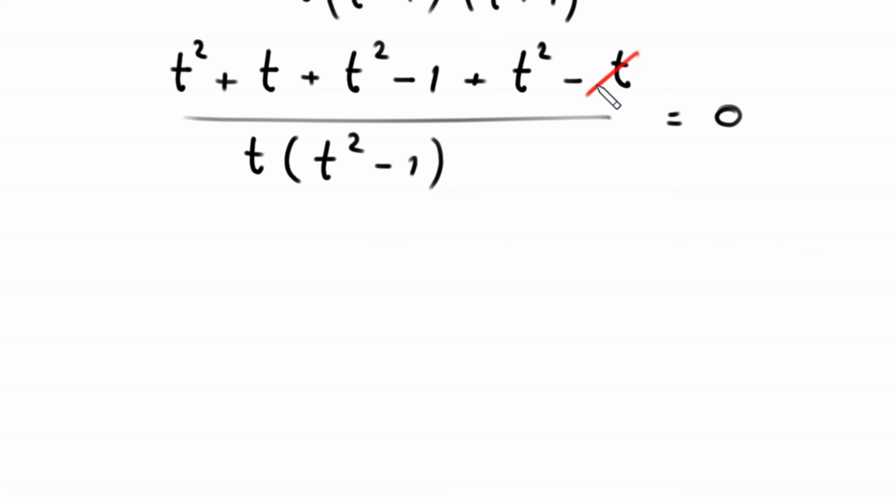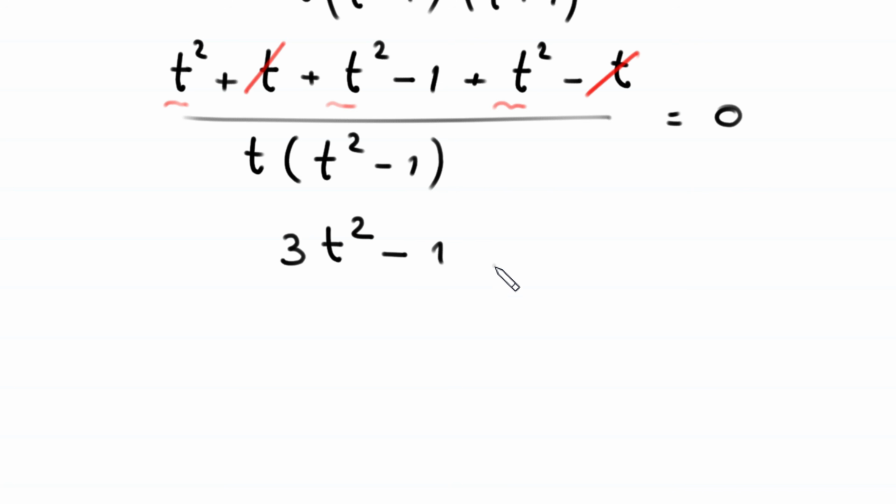Now this negative t will be cancelled out with this positive t, and t squared plus t squared plus t squared will become 3 times t squared minus 1. If we multiply both sides by this denominator t times t squared minus 1, then this will disappear, it becomes 0.